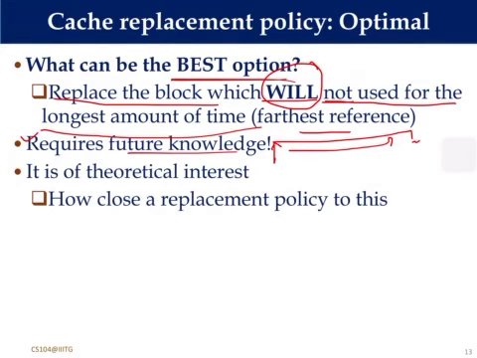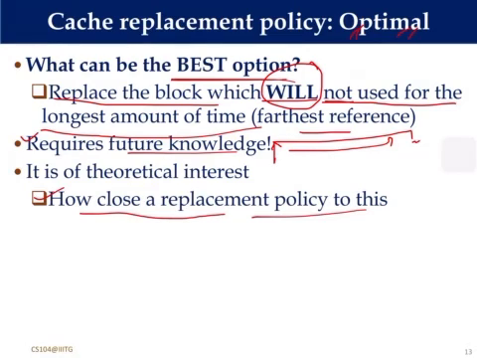And if a new replacement policy comes, it is said how close the policy is with respect to the optimal policy, right? So that's how it is being used, and the perfect scenario is the optimal one, right?